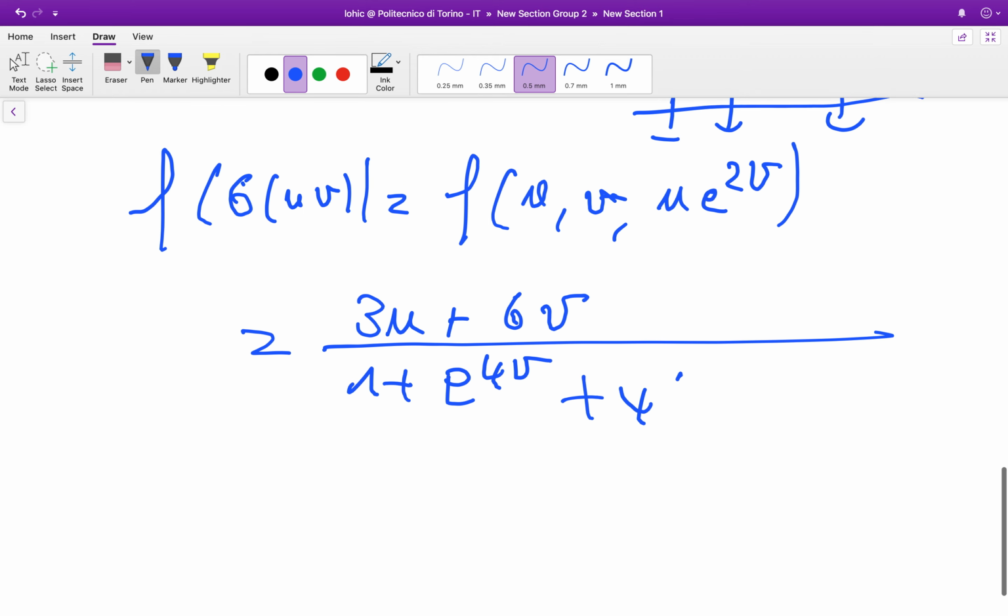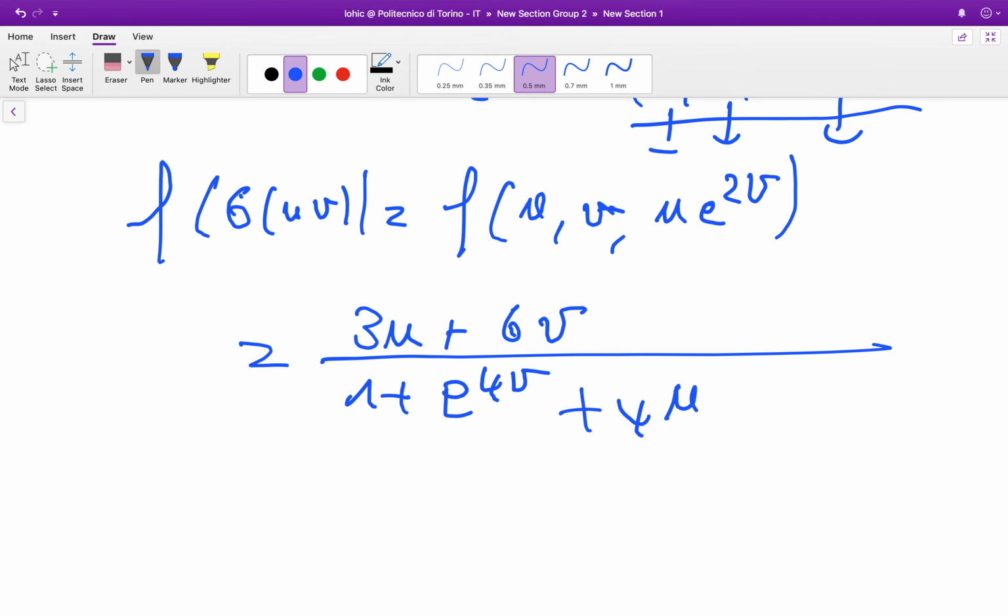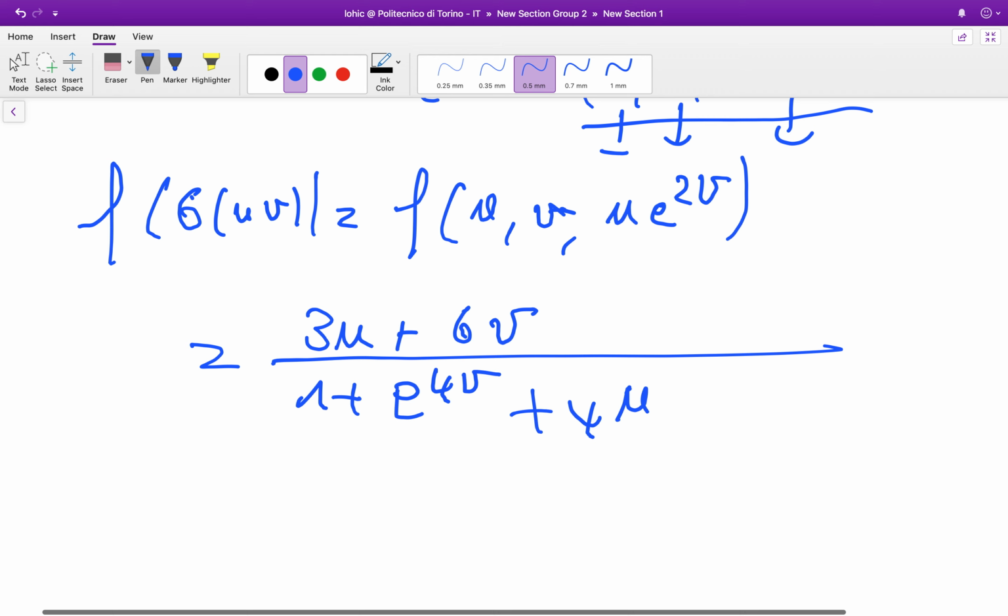What is z? Z is u exponential of 2v, so this is 4u square exponential of 4v, right? So this is z square, 4z square.